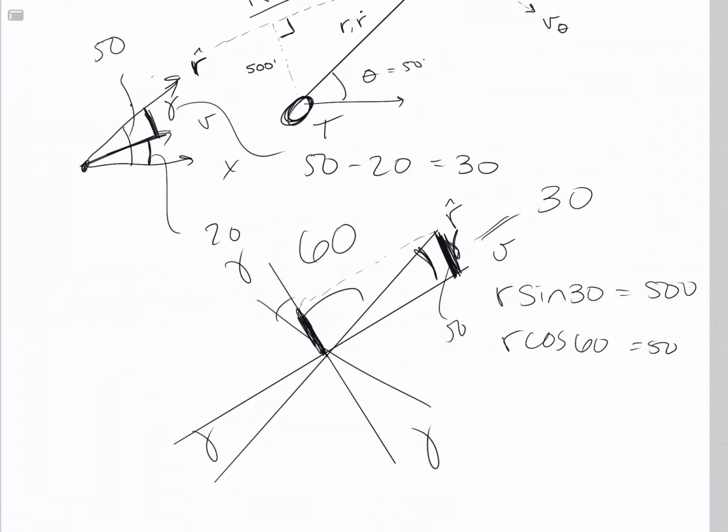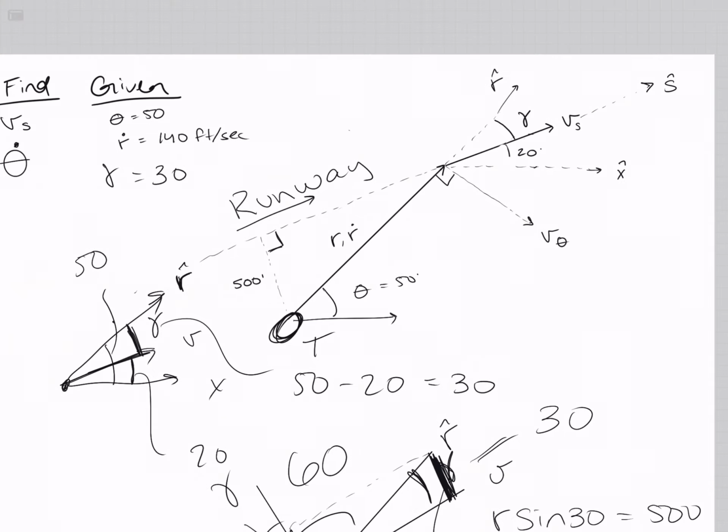And you get a nice square, or rectangle in this case, and you can solve for those directions. Doesn't really matter which way you do it, but you'll find that r equals 1,000 feet. So now at this point we can put in r equals 1,000 feet here, and we solve for all the positional variables in this problem.